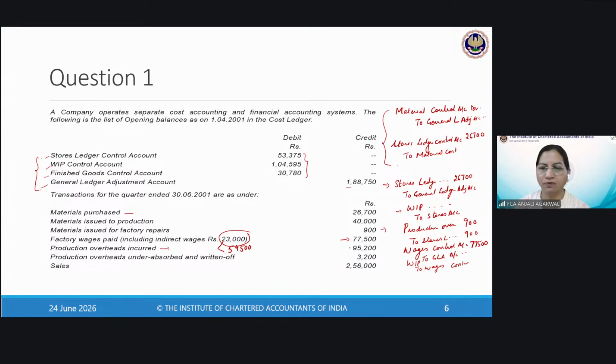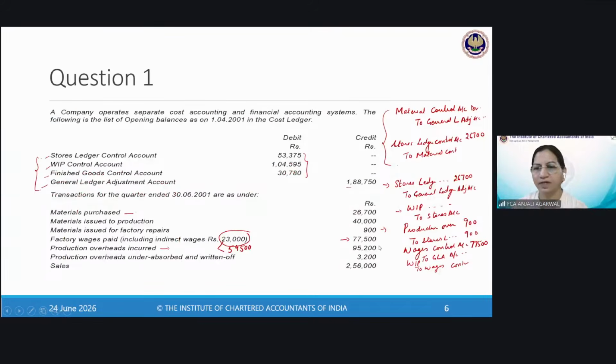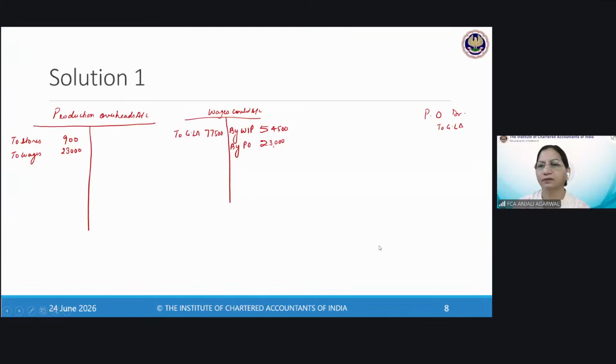Next is your production overheads incurred. What will be the journal entry? Production overheads incurred. The journal entry will be production overheads debit to general ledger adjustment account. How much? 95,200.